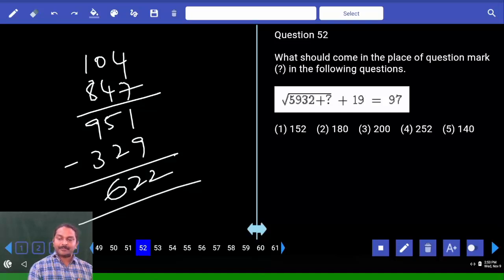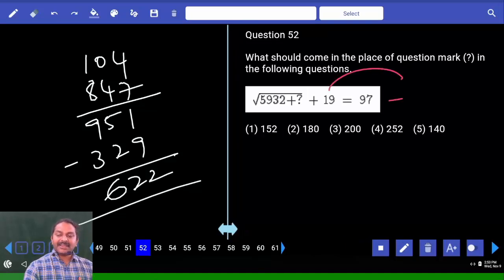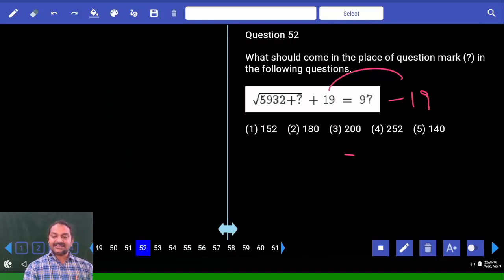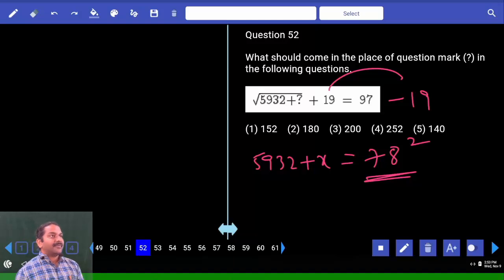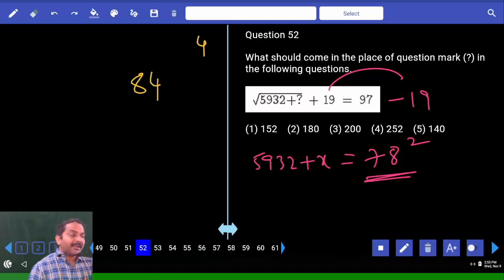Over. Plus 19 goes to the other side. Minus 19. How much is it? 78. Squaring on both sides. 59, 32 plus x is equal to 78 whole square. Correct? This is how much less than 100? 22. 22 square, 484. 4 carry.